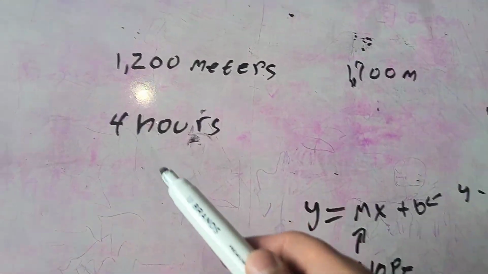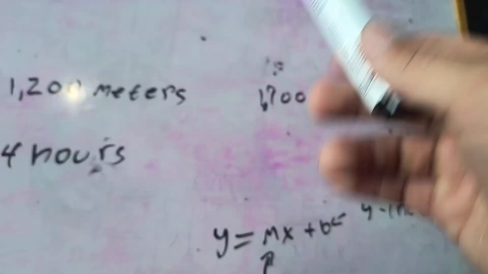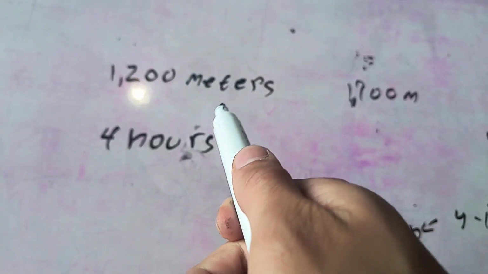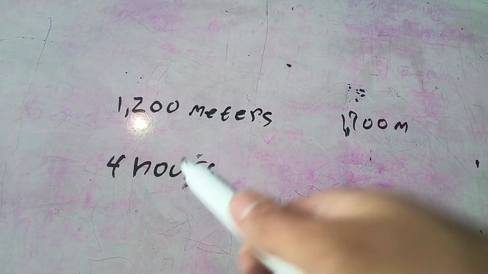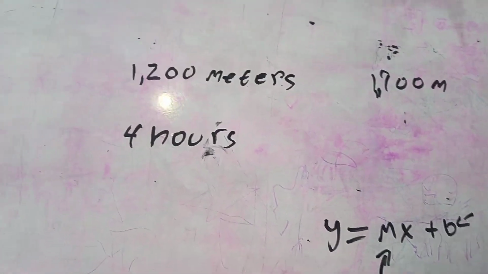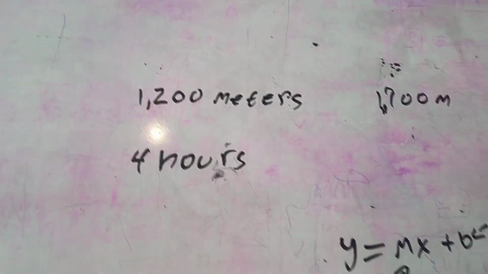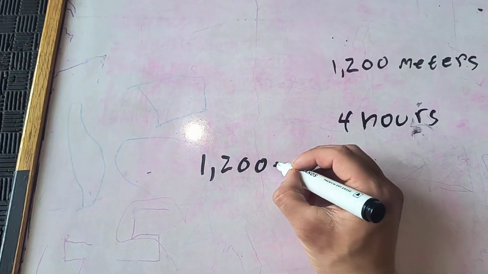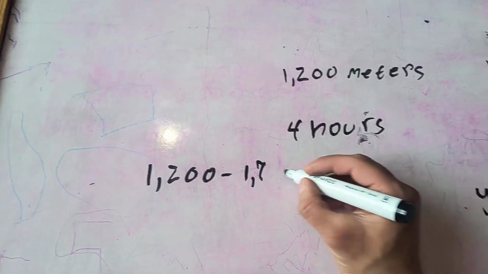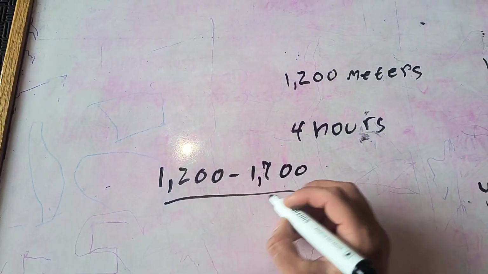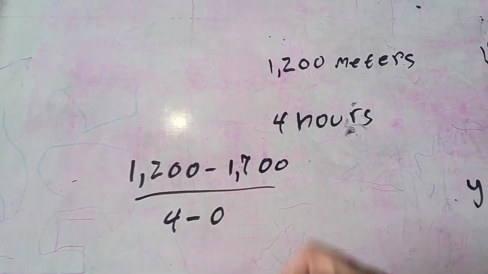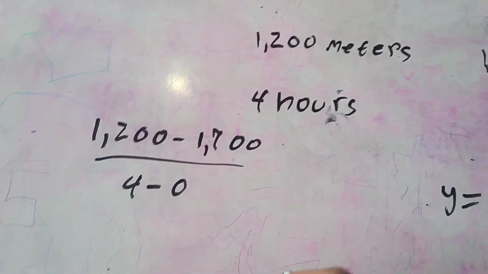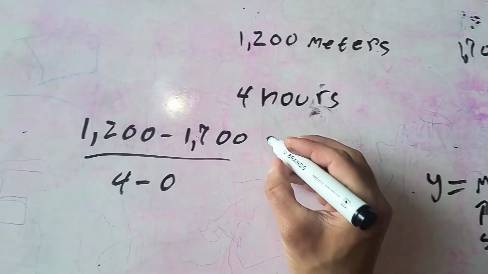We could say that x is the hours and y is the meters. So how many meters do we travel over hours? I guess it's 1,700 minus 1,200 over 4 minus 0, because we started with 0 hours and then we moved 4 hours later.